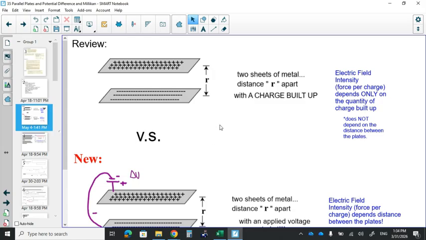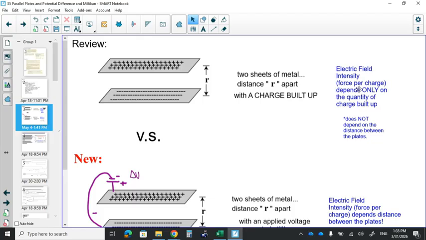So just to remind you what we've talked about, if you have just charge built up on plates, then they're a distance r apart and so on is charge built up. But the electric field intensity, which remember is how much force per charge there is, how strong the field is essentially, only depends on the quantity of charge built up. It does not depend on the distance between the plates.